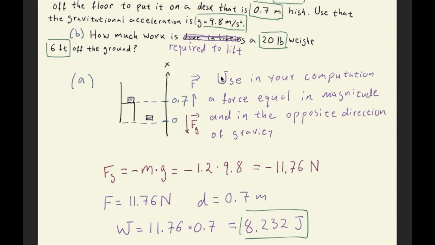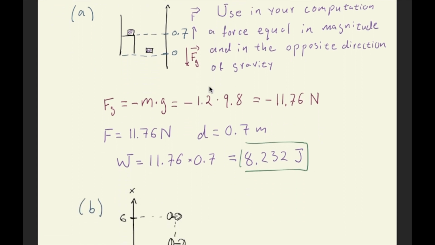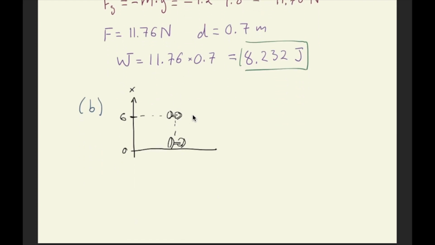How much work is required to lift? So you just need to beat gravity, right? So we're going to use a force F, which is opposite to the force of gravity, but with the same magnitude.